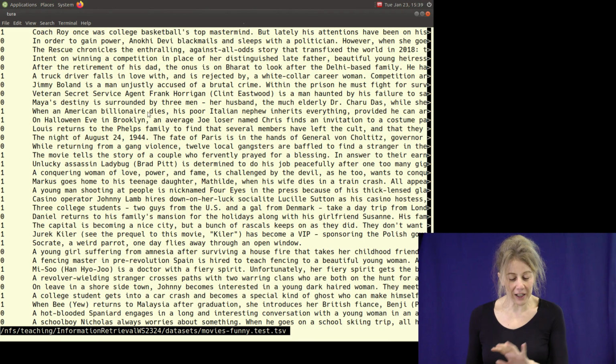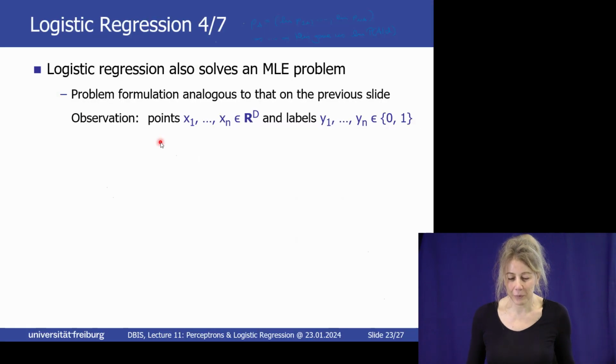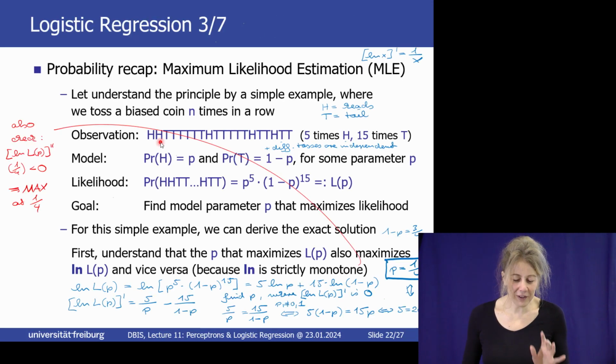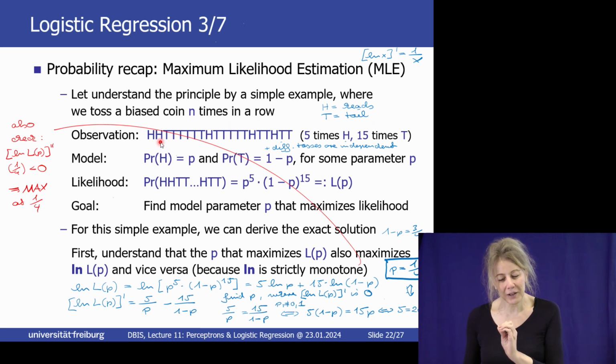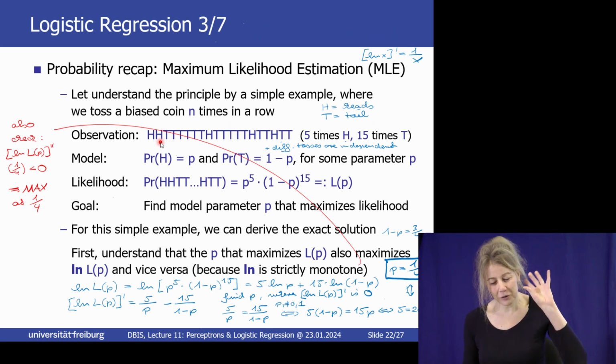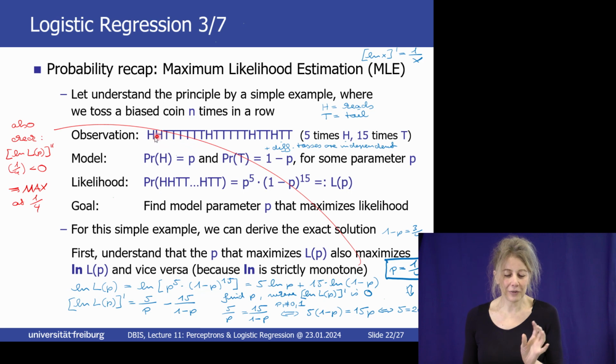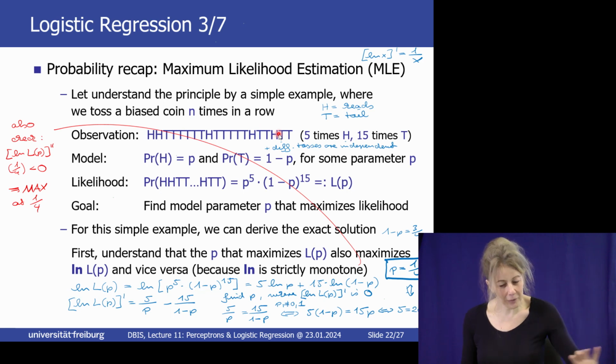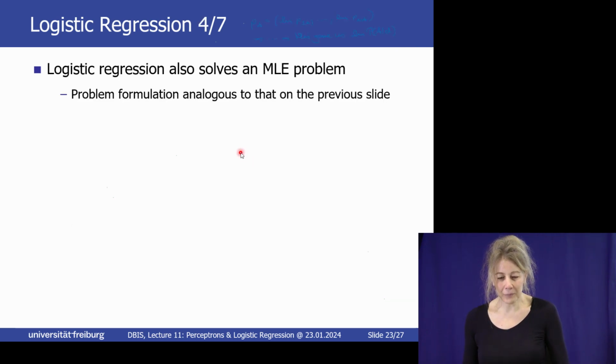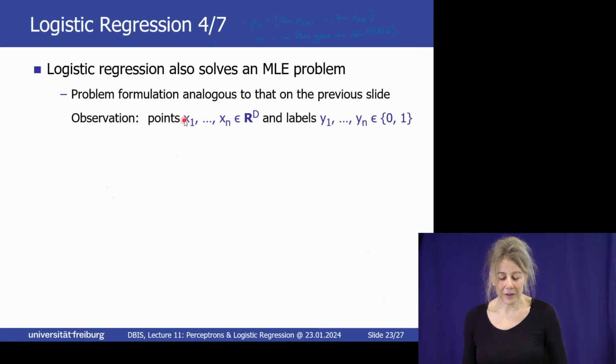Like, wait, what? This is just given, it's fixed, but you assume a probabilistic model. This is something I cannot help you with here. I can just say, think about it. Try to wrap your head around it, right? Again, the coin tosses, once they happen, they just happened, but there was some probabilistic process underlying it, and that's the model.